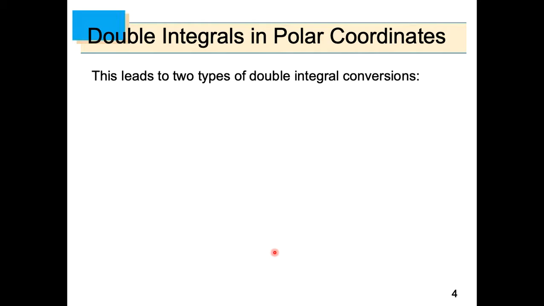Now, this is going to lead to two types of double integral conversions. What I'm about to show you is straight from the book, and it looks pretty intimidating, but I would recommend that you read it carefully. After I do a few examples, it won't seem so bad.